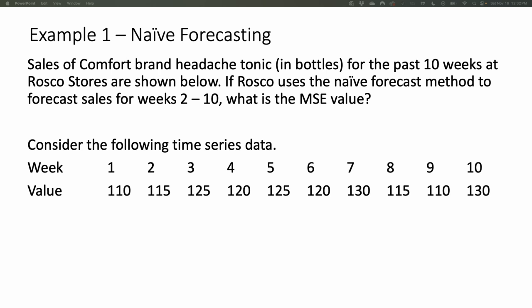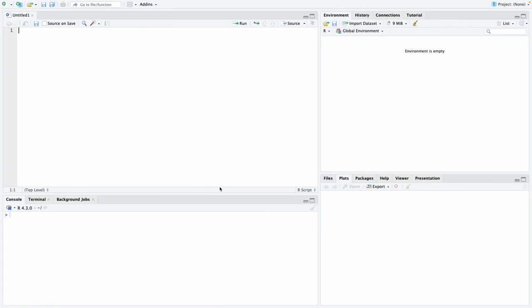So we can see that this is sales of a tonic from Roscoe stores, and we're given this sales from a 10-week period, right? And we're asked to create the naive forecast method based on weeks 2 to 10 and then calculate what the MSE value will be. So let's jump into R and start working on this.